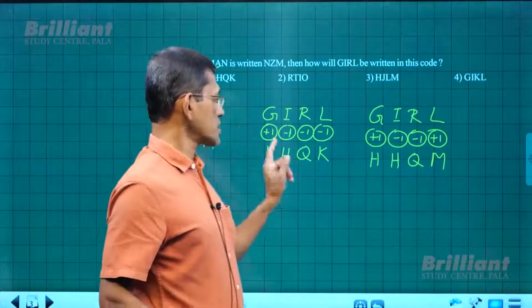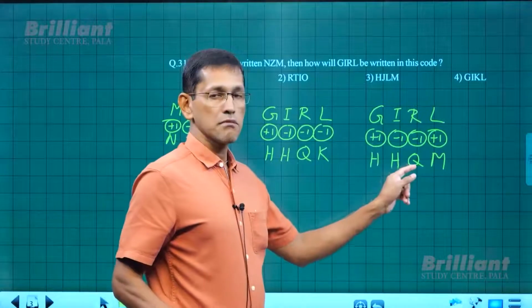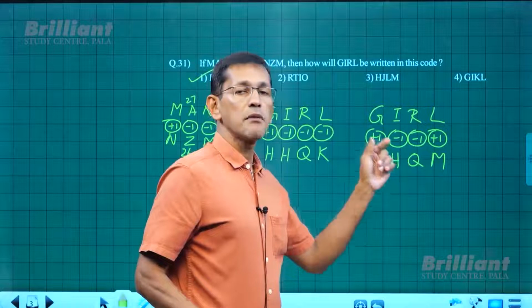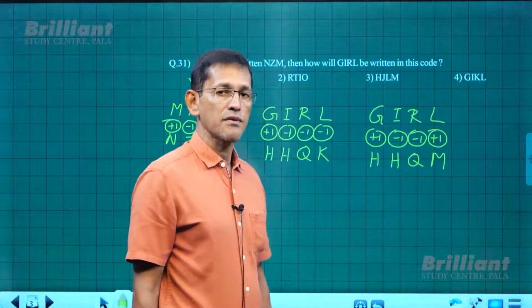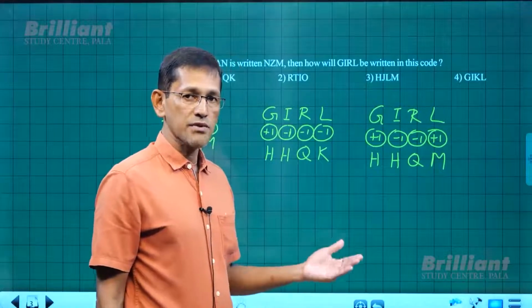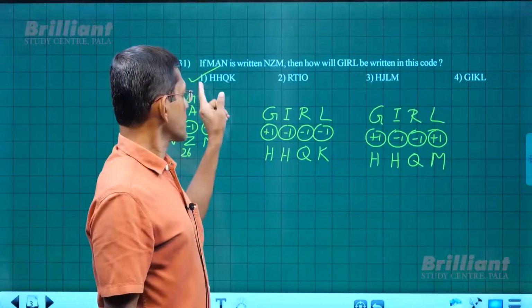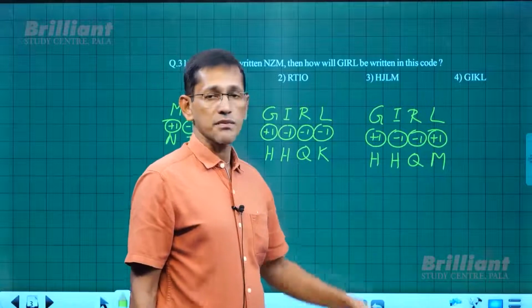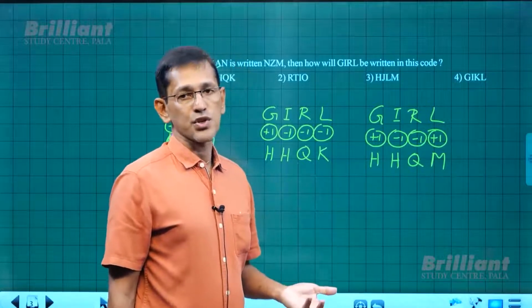Actually, you know what? HHQK and HHQM. If HHQK can be the answer, HHQM is a possibility as well. So be aware of it. Just in case, if HHQK is not given and instead HHQM is given, then the answer must be HHQM.